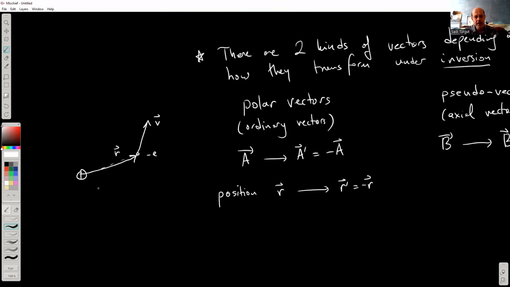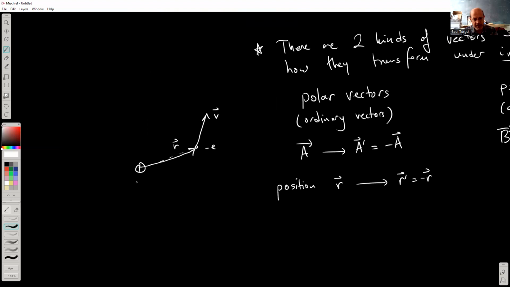Okay. So let's say that the proton is at the origin. After an inversion, I basically take every particle and place it at the inverted position. So in the inverted picture, I'm going to place the electron at a location minus R. So that's the new position, R prime, which is equal to minus R.